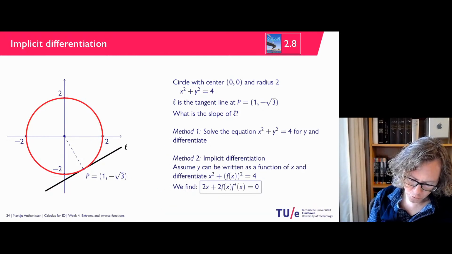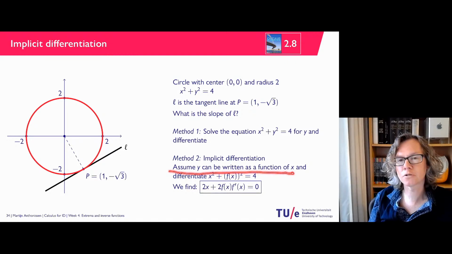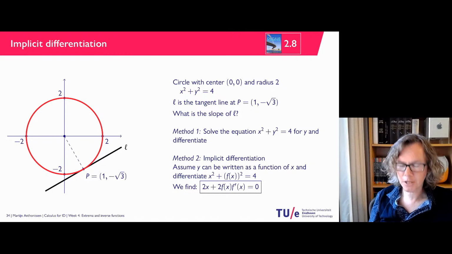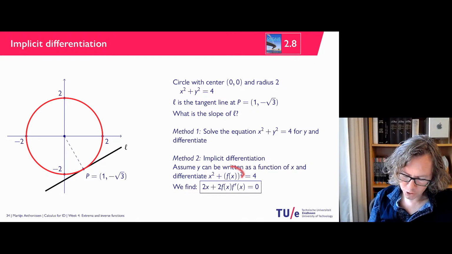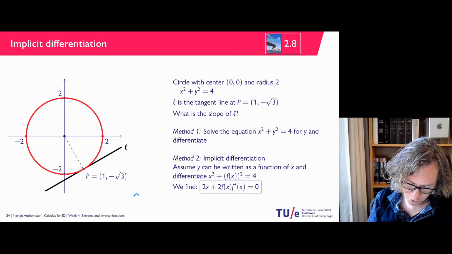So we assume that we can write y as a function of x, and then we do not solve for it, but we just plug that in. So I replace y by f of x, and then I differentiate this equation. So if you do the d/dx of x squared, well, of course that's 2x.